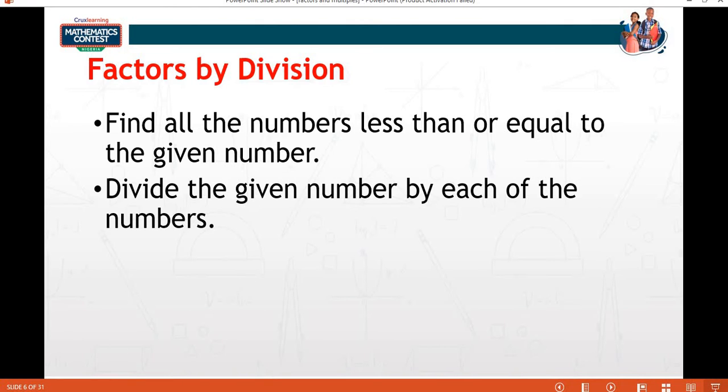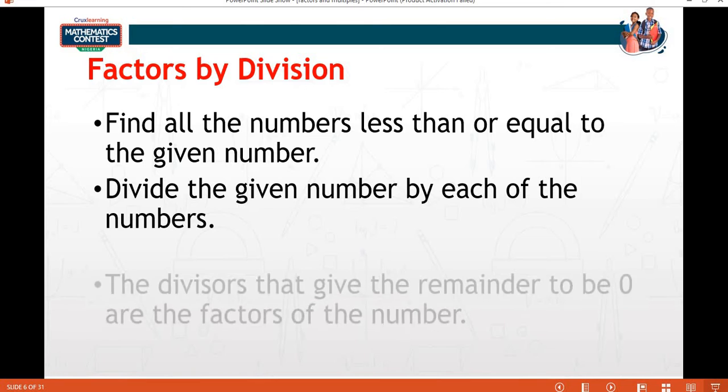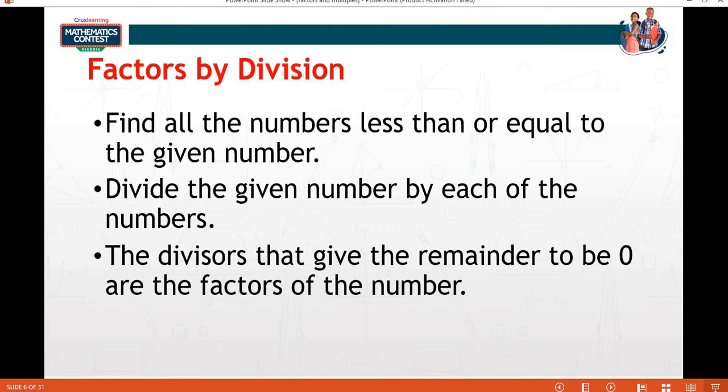The second thing is you start dividing the given number by the numbers you listed, one after the other. Then the divisor that gives no remainder is a factor of the given number.